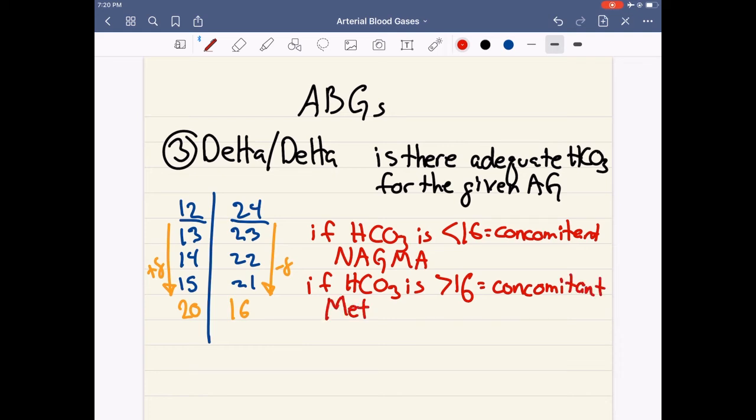You have an alkalotic process going on, okay, along with your anion gap metabolic acidosis. This is how we, in medicine, can see if there's multiple different metabolic derangements. I know this is kind of confusing, but really try to understand these core concepts.